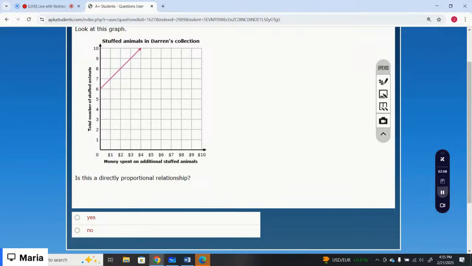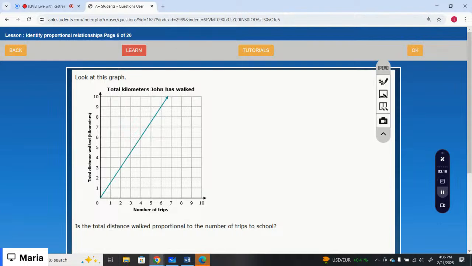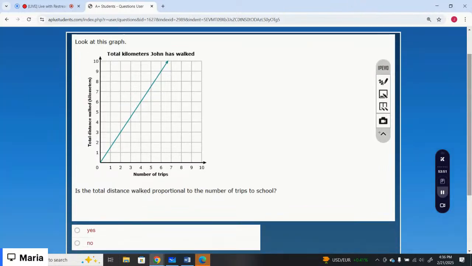Look at this graph. Is this a directly proportional relationship? No, that isn't. Option number two is the correct option. Yes, it is. Option number one is the correct option.